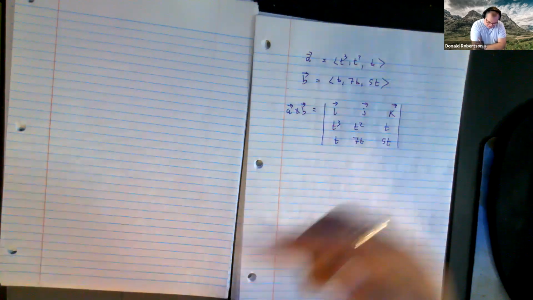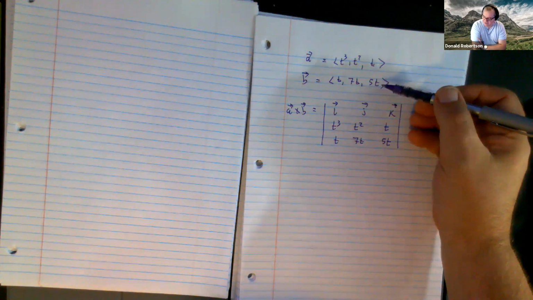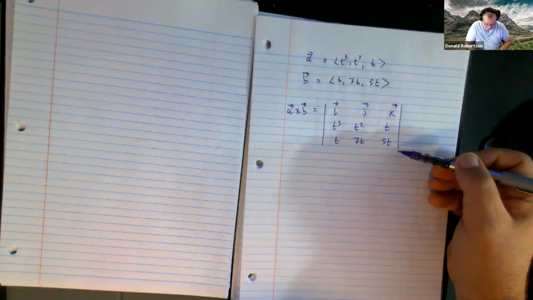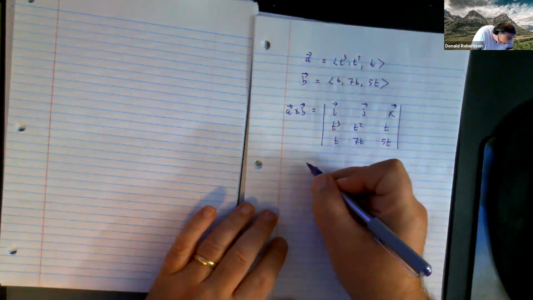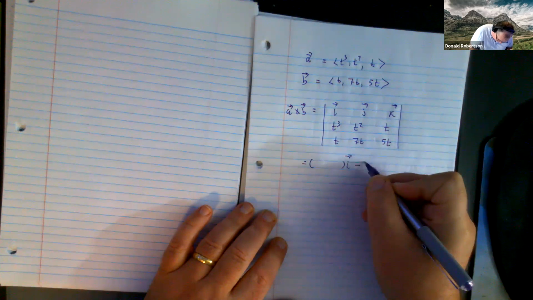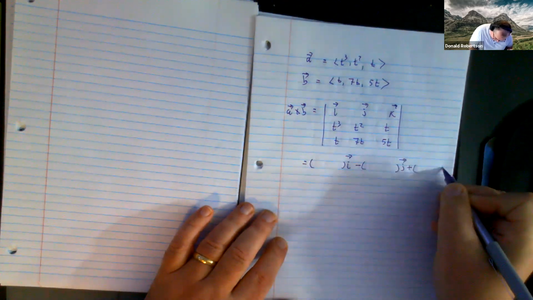I know I'm trying to sell this, but to me, isn't that just a more convenient way to write the vectors when you want to do this to it? Just an opinion. It doesn't mean I'm right. So it's going to be so many I's, take away so many J's, add so many K's.